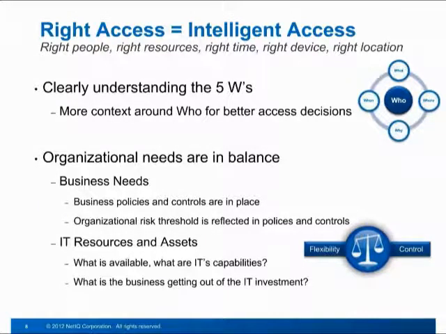Are the policies and controls in place, and our organizational risk threshold set, in order to understand when policies and controls are violated or a suspected breach occurs, so that we can react accordingly and make sure that it is focused on the specific individual or individuals that are in question so that we don't overreact and thus take away the flexibility?